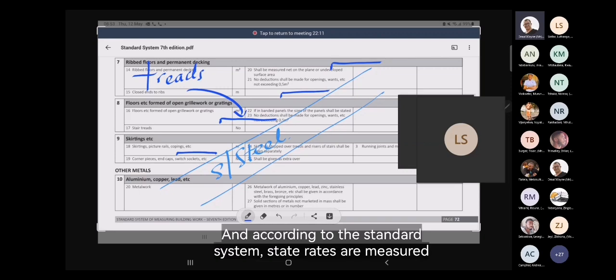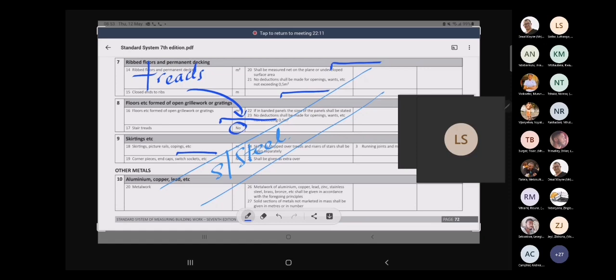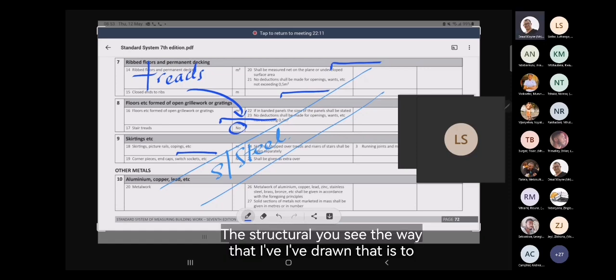And according to the standard system, stair treads are measured in number. The way that I've drawn that is to ensure that structural strength is there so that it does not bend, and you can then use that without any rises.